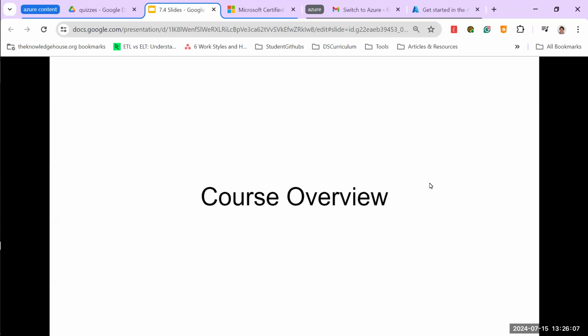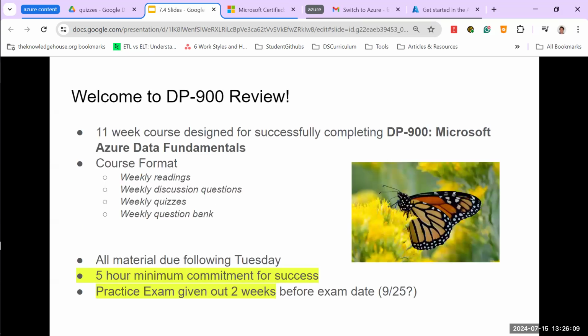So what is this course going to look like? Well, this is an 11-week Azure course designed for you to complete the DP-900 Microsoft Azure Data Fundamentals certification. Colloquially, this is known as baby's first steps in database management. So really, this is going to be quite a review on a lot of the database concepts that we talked about throughout this fellowship.